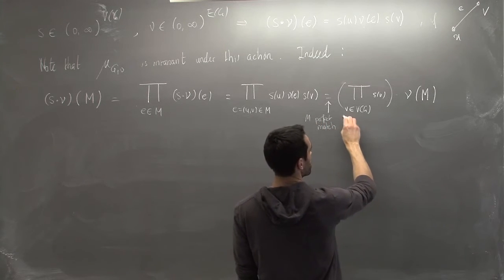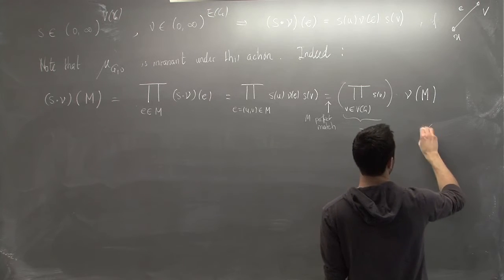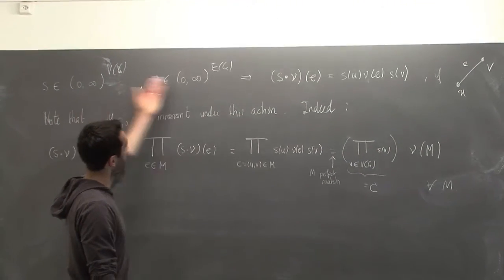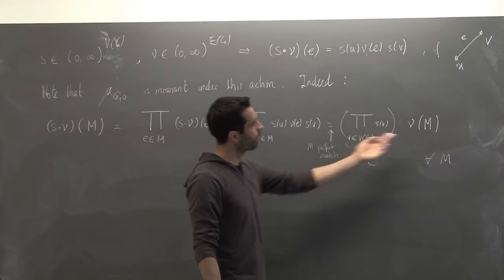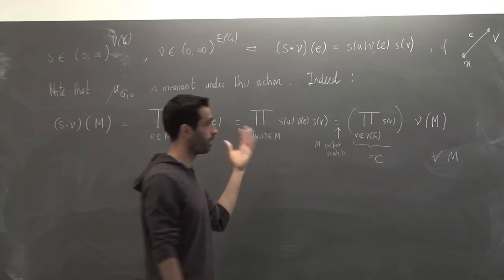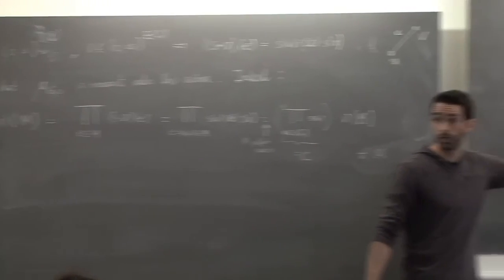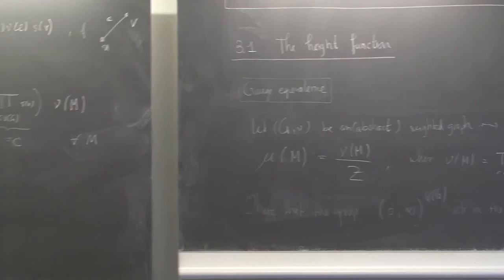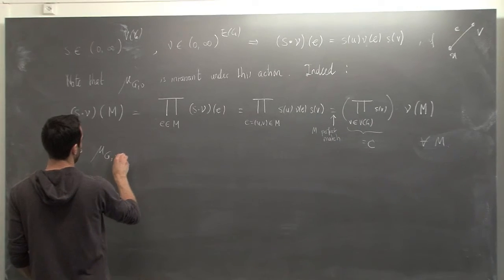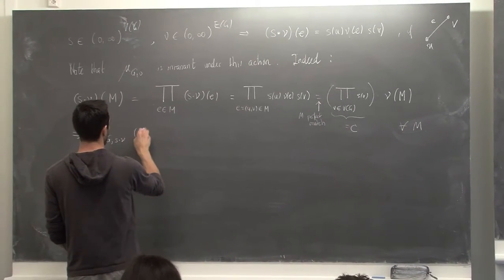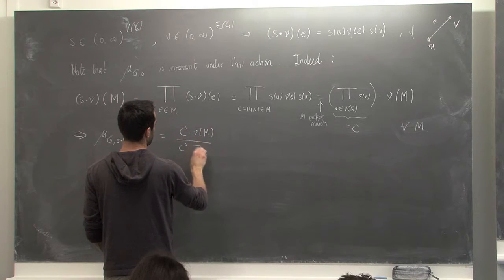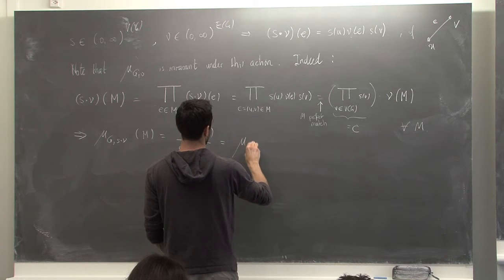So this is a constant, which does not depend on M. So if you apply this action on nu, then you multiply the corresponding nu of M by an overall constant, which of course will also appear in the partition function, so this thing here will be unchanged. So mu G of S applied to nu of M is equal to this constant over this constant Z, so it's the same as mu G.